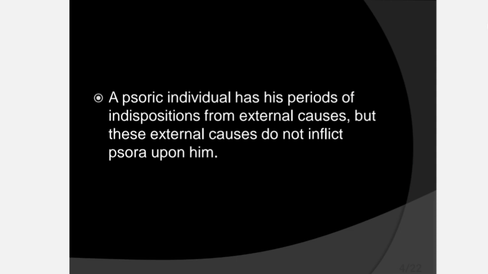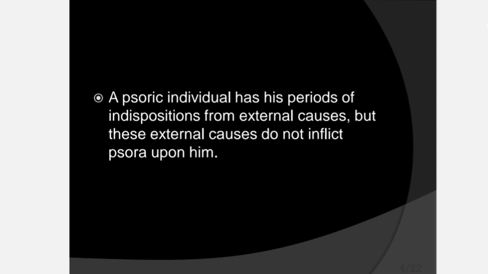A little weather change happens and we have some symptoms, we disturb our stomach, or we have some cold or cough. So psoric individual means we all have psora within us. That's why Kent mentioned that a psoric individual has his periods of indispositions and will be affected by external causes, because from the definition, psora is a state in which the man has so disordered his economy that a little influence will affect him.